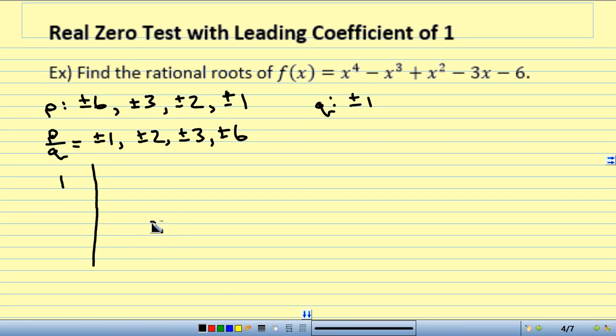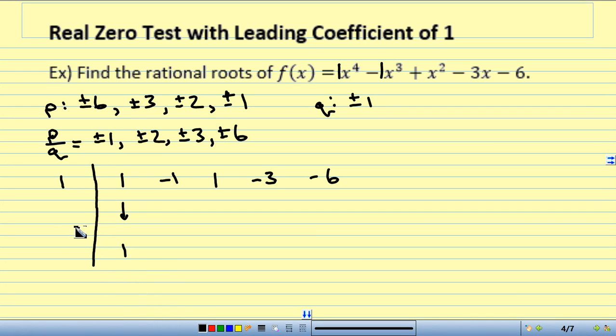My terms are 1, negative 1, positive 1 again, negative 3, and negative 6 right here. 1, negative 1, 1, negative 3, negative 6. So this is basically trial and error.